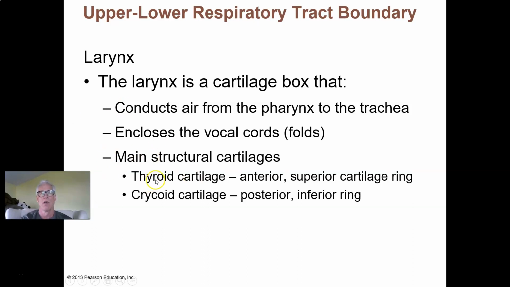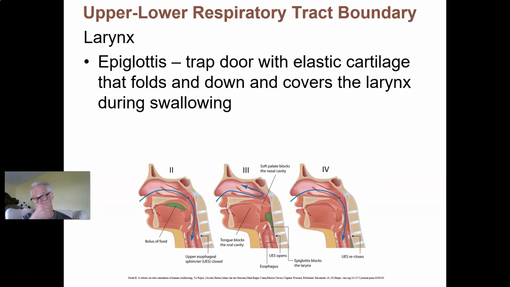The thyroid cartilage has a large bulky anterior section, and then immediately inferior to that is the cricoid cartilage, which has a large bulky posterior section, and they form a stiff cartilage container essentially, or chamber in which the vocal cords lie. The larynx is blocked or protected by a valve, the epiglottis.